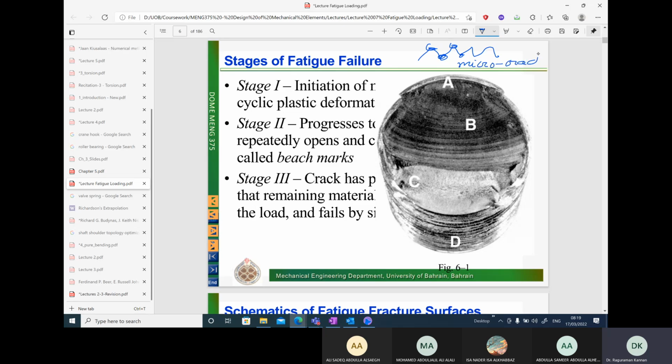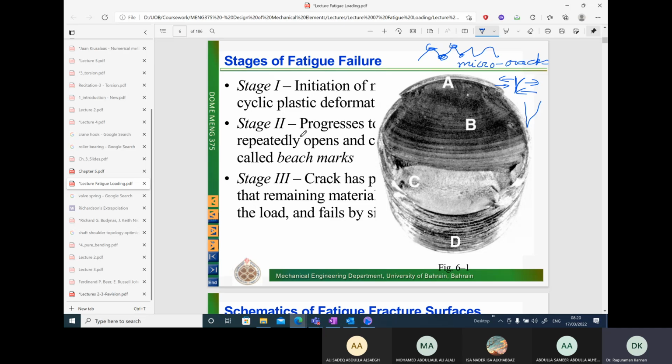So we are just seeing what happens at micro scale first. Microcracks are formed on the surface, and when you apply cyclic load, these microcracks close and open. For example, the microcrack, if you exaggerate, looks like this. And when you apply cyclic load, the cracks close and open, and because of that, the cracks become bigger and bigger in size on the surface. So this is stage 1 of the crack.